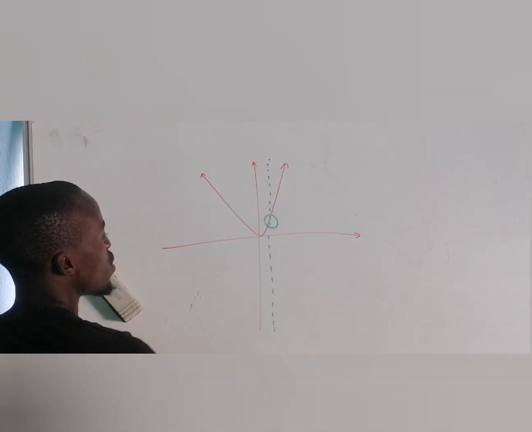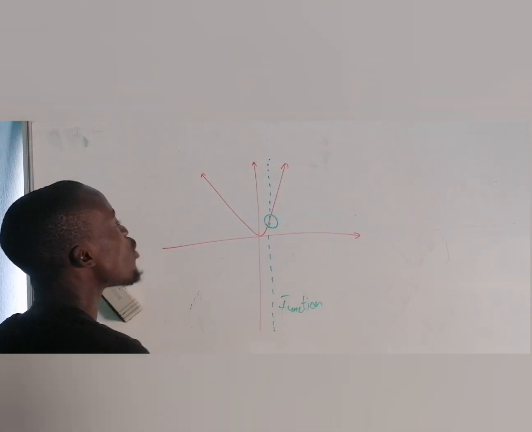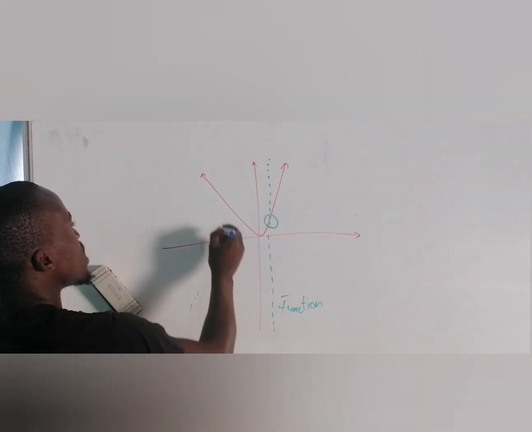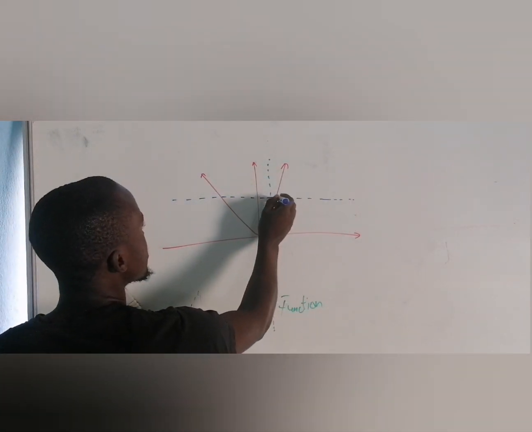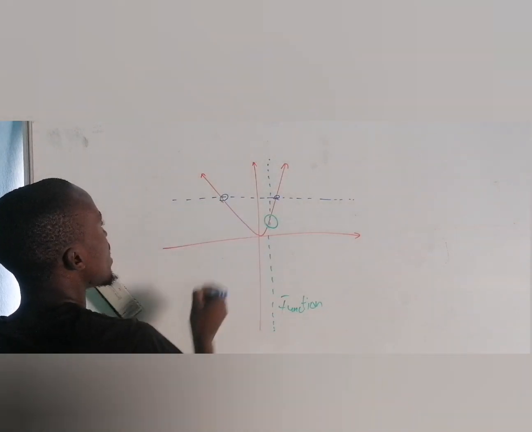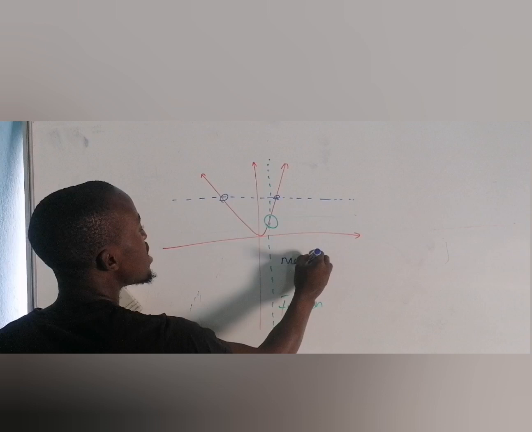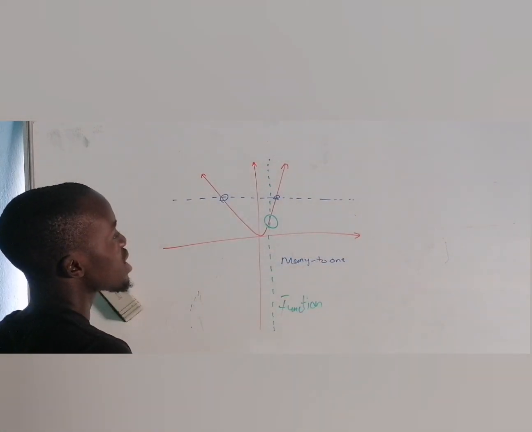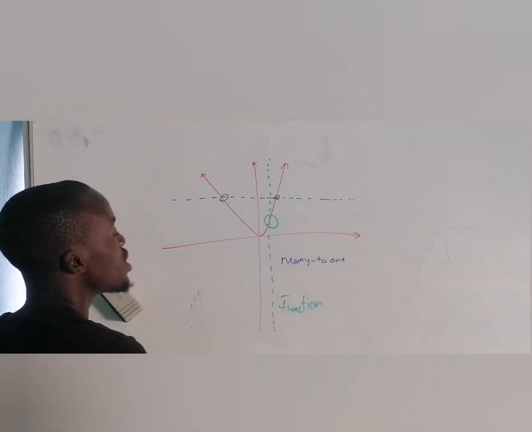Since it touched the graph once, it means it is a function. But what type of function? For us to get the type of function, remember we use what? A horizontal line test. Since it touched the graph here and there, it means that this graph is a many-to-one function, because the horizontal line test touched the graph two times.